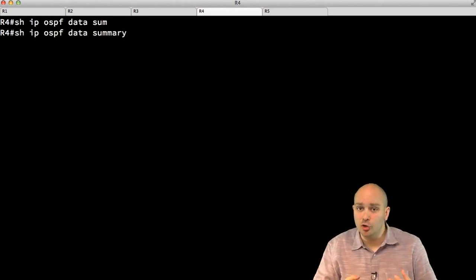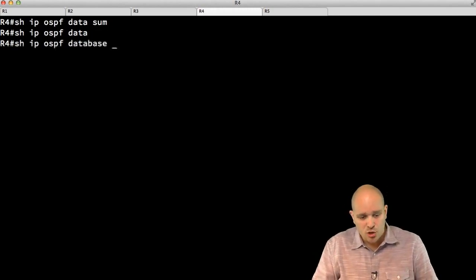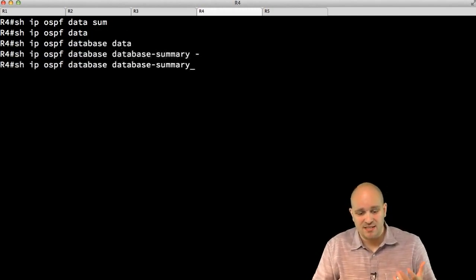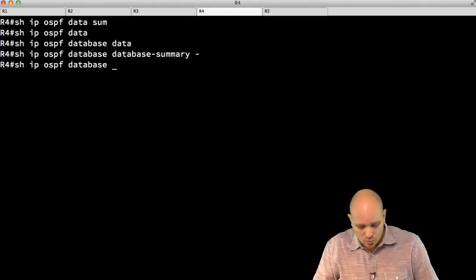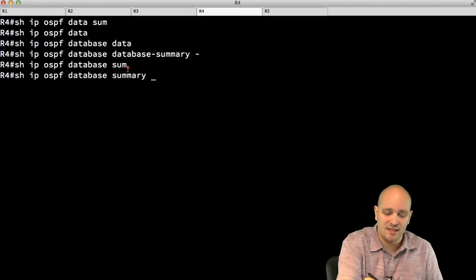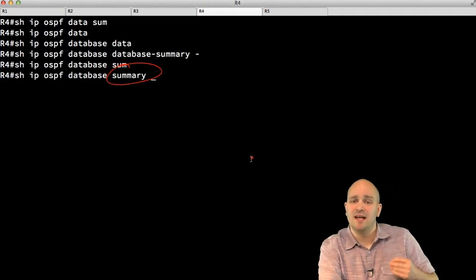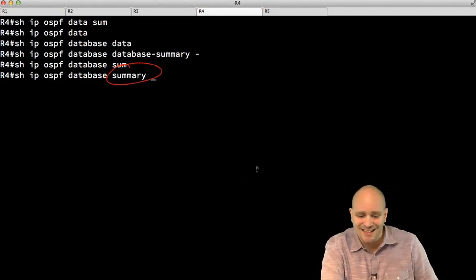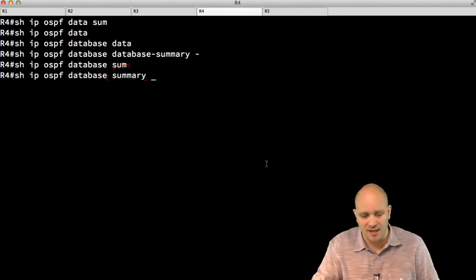Now, this summary is not going to show me the summary of the database. If you want to see the summary of the database, you actually have to say database summary. So if I do the command show ip ospf database summary, this summary here is the keyword that tells OSPF that I actually want to see type 3 LSAs, which are called the summary LSAs.